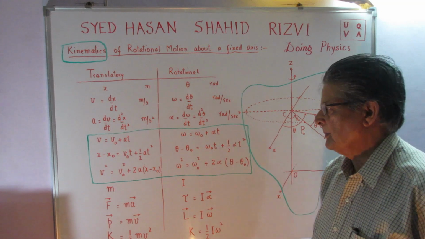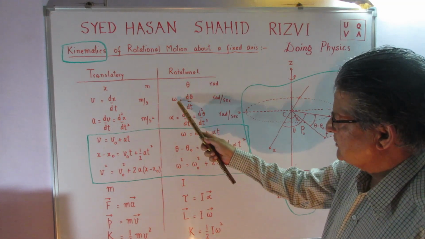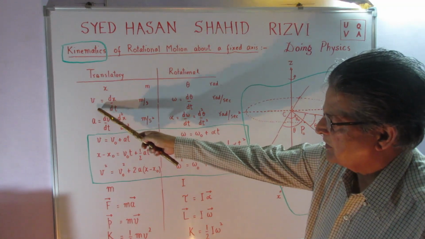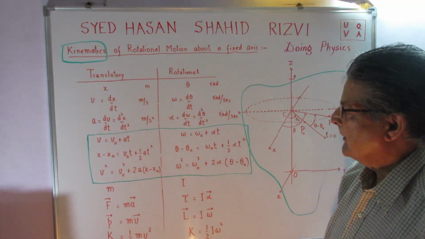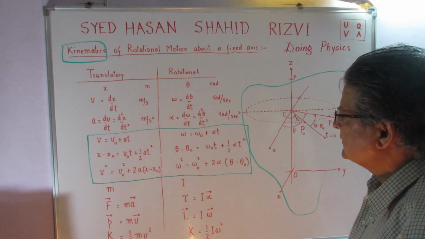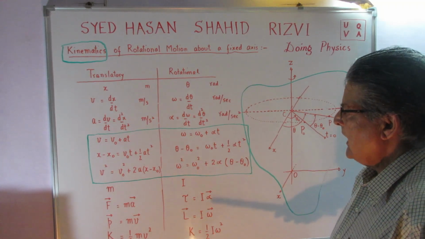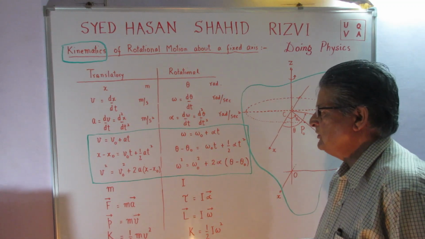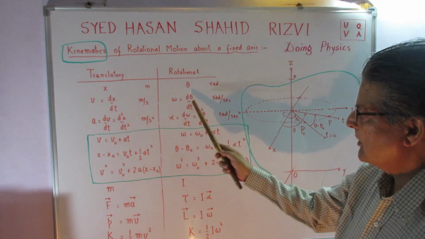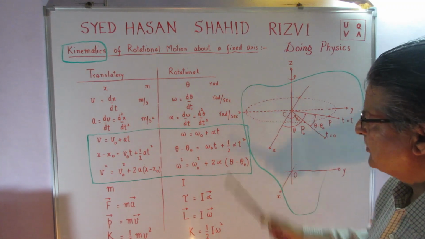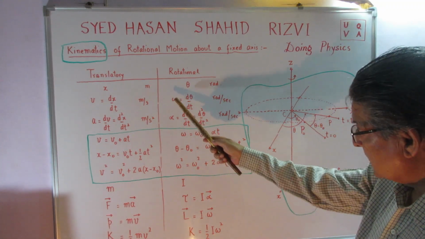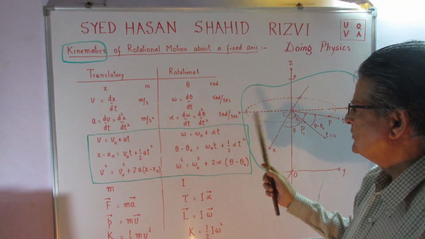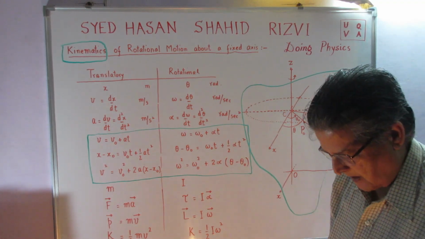This is also a vector, like x is a vector, v is a vector, and a is a vector, but I am not writing the vector signs over here. Alpha is equal to d omega over dt, which is equal to d2 theta upon dt2, in radians per second squared.